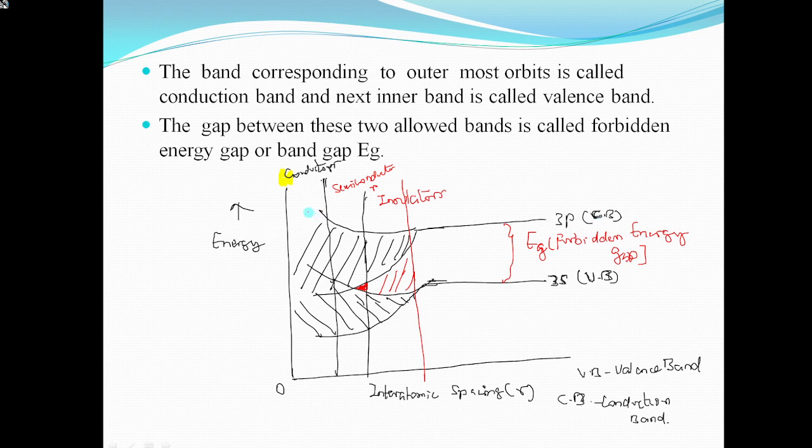But in the case of conductors, the valency band and conduction band overlap with each other and electrons are free to move. So, depending on the forbidden band gap, solids are divided into conductors, semiconductors and insulators. So, this is about the origin of energy band formation in solids.